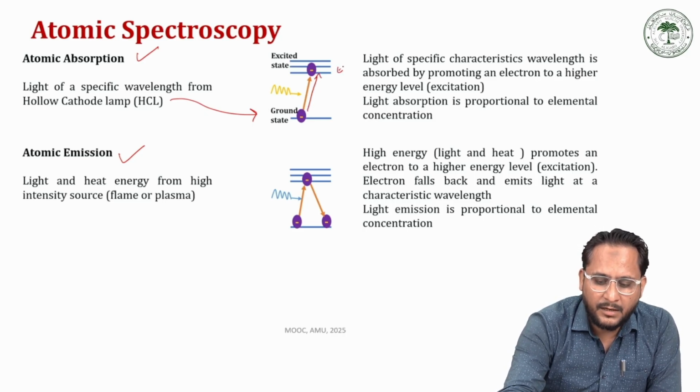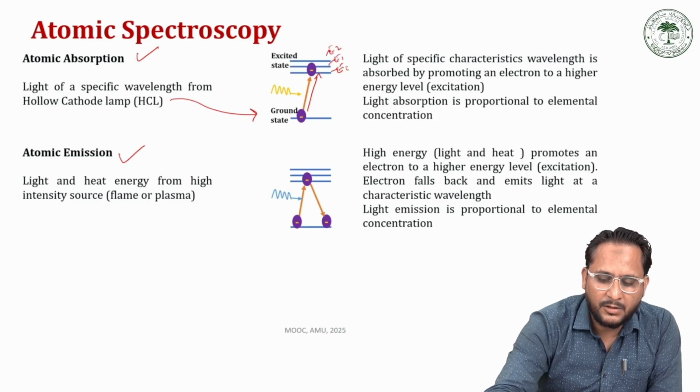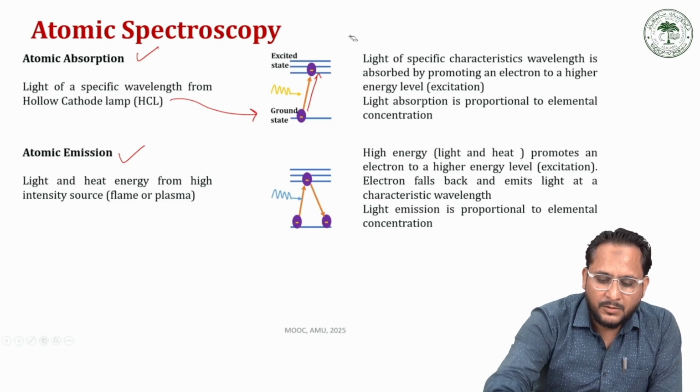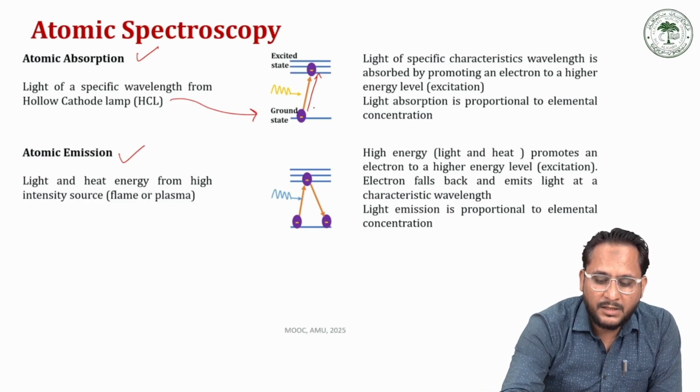These are the higher levels: E0, then we have E1, E2, and E3. So this causes the electrons to be promoted to higher levels from the ground level.